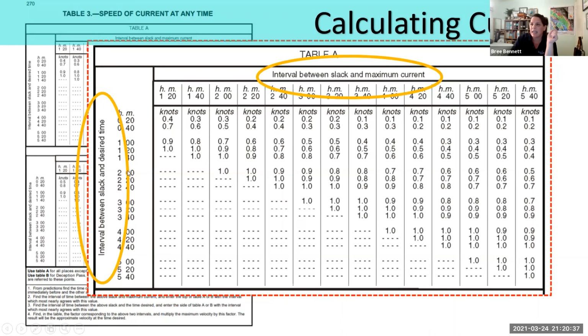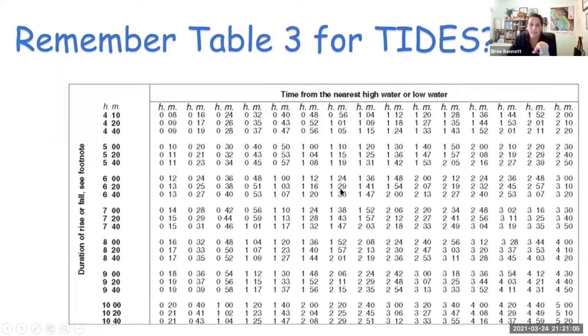And then instead of doing time to the nearest, we always do desired time to slack. So always desired time to slack, not time to the nearest tide. Always back to slack. Then we get a value here, and this is what they call a factor.